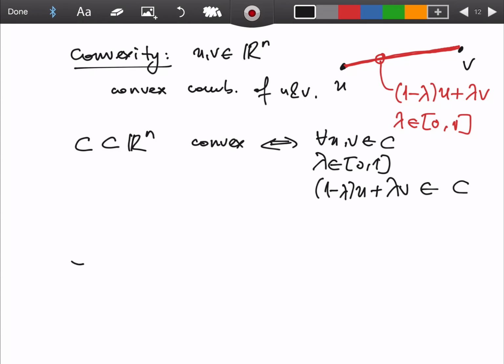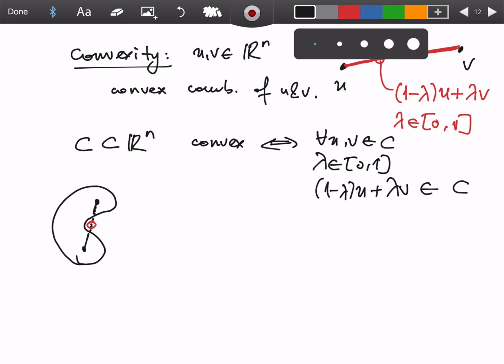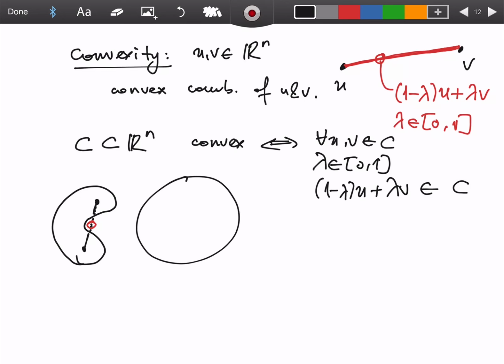So for example, this set is not convex, because we have 2 points, and some of the points on these convex combinations are not in the set. So it's not closed to convex combinations. And this set is convex: no matter which 2 points you take, all the linear segments between them will lie inside the set.